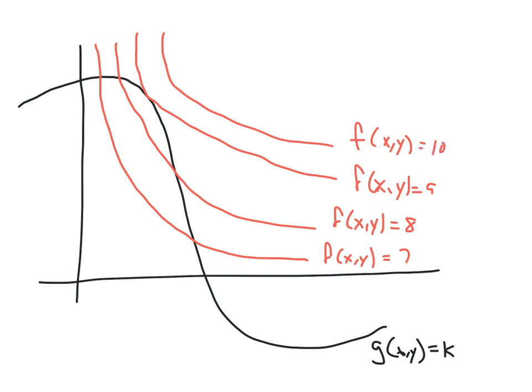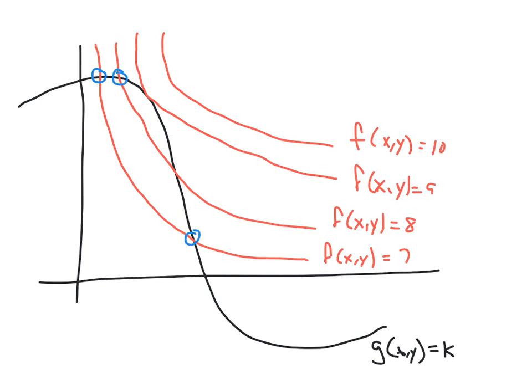So if these were the level curves of our function, and this was our constraint g, the plan is to find the point on g where the function value is largest. If we go through and look at the points on g, we know that this point and this point have a function value of 7 because they're on the level curve f(x,y) = 7.